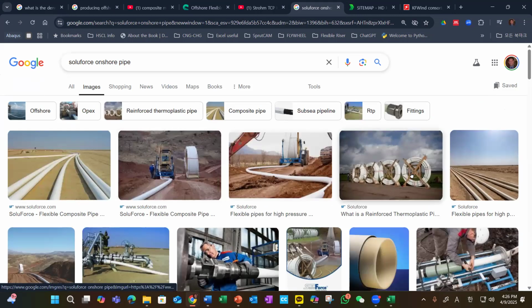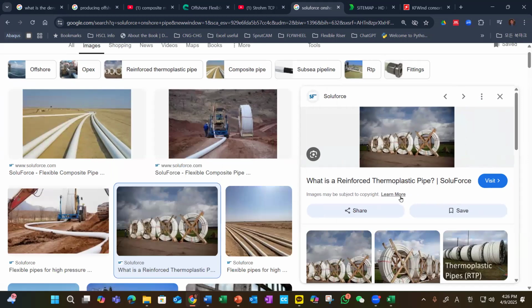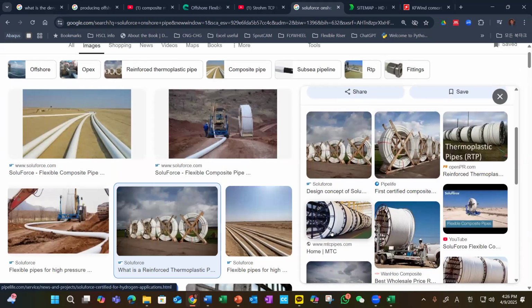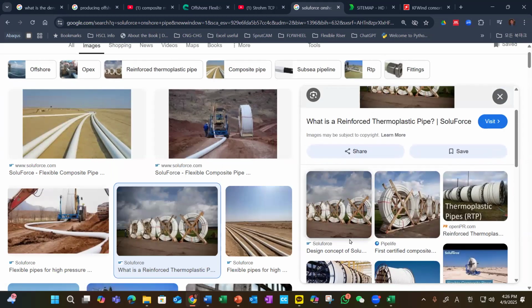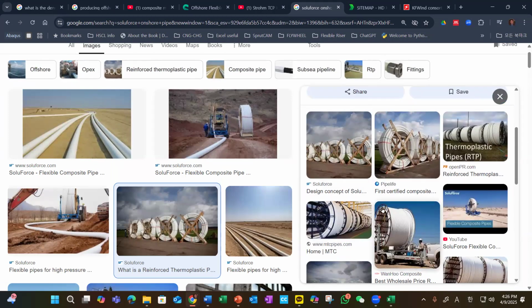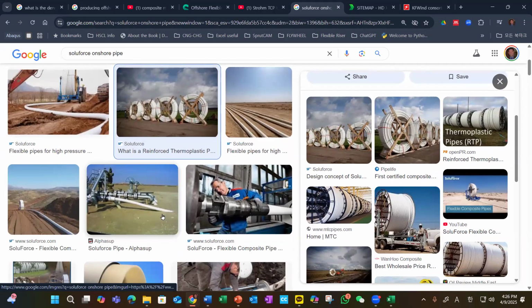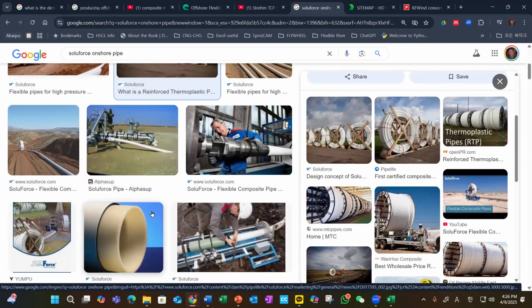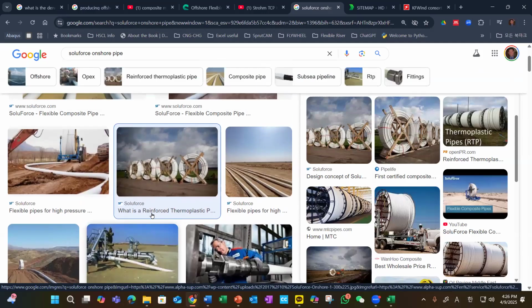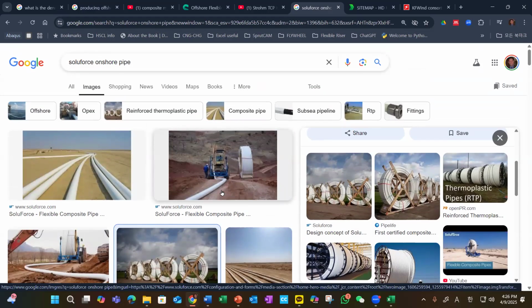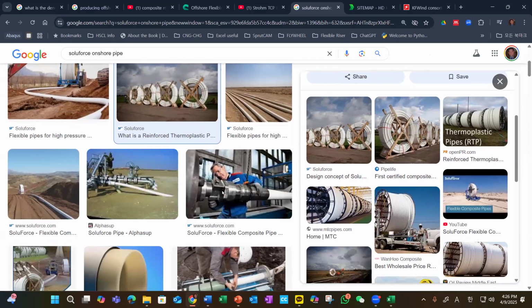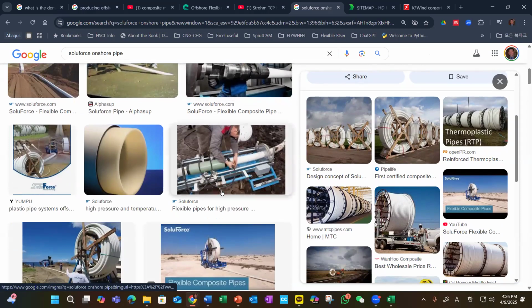This is the onshore pipeline system. As you can see, this is much easier than offshore because it is just installed underground, not that deep, just 2 meters deep.